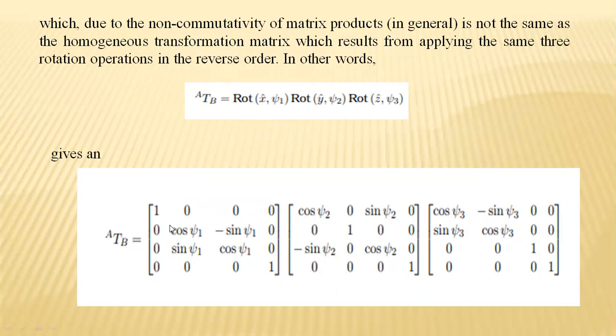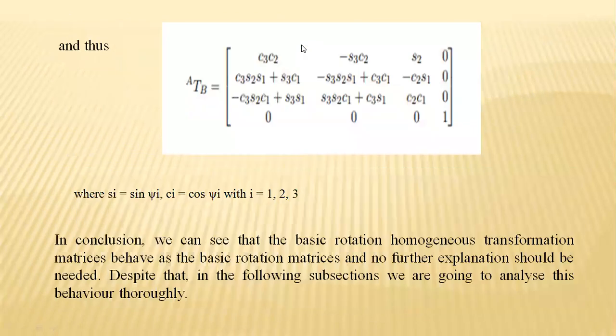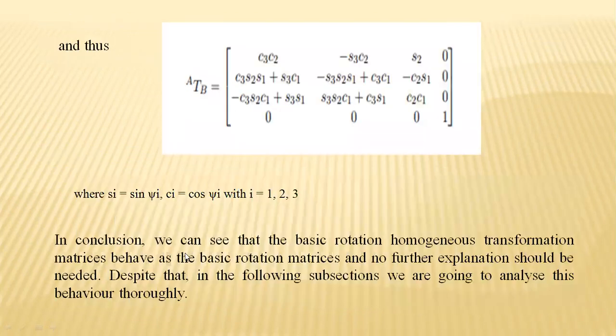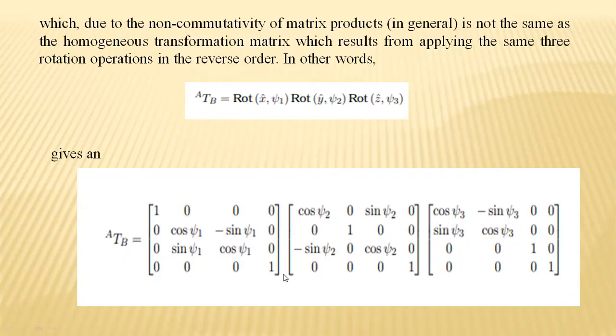Simultaneously, this is the relation for calculating when the rotation has been progressed related to the x-axis system. So there is 1 0 0 0, 0 cos theta minus sin theta 0, 0 sin theta cos theta 0. And these are the three different formulations.